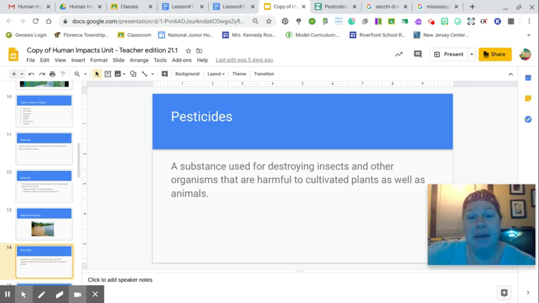So maybe it's not necessarily a chemical, but it's something that isn't normally there. One of the major chemicals of pesticide that is a pollutant is called DDT. And they stopped using it, so it's not being put onto the surface of any crops anymore. But it didn't necessarily go away. So we'll talk about that.